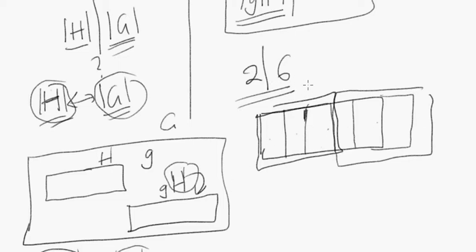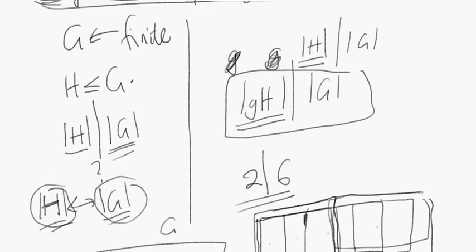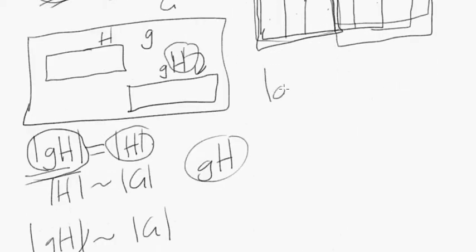That is, 6 blocks can be partitioned into 2 blocks of 3. That's the idea. So with that intuition, if we're trying to see whether the order of gH divides the order of G, maybe we're also trying to think about this idea.